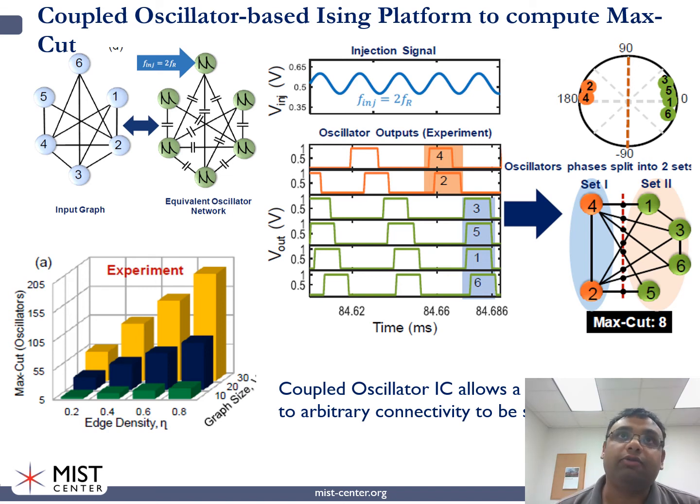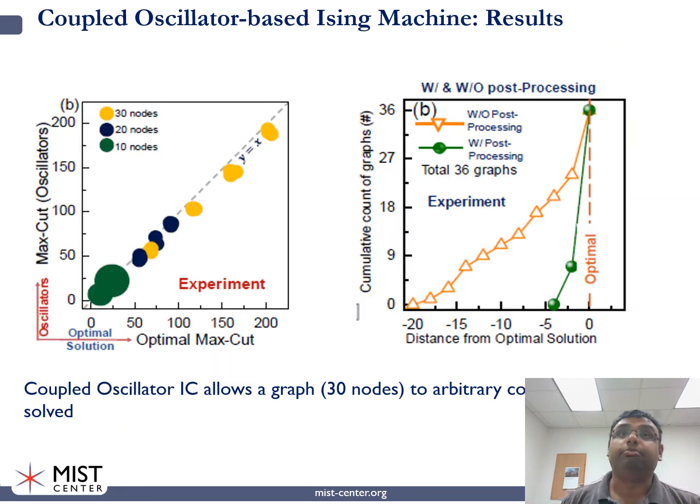Now, of course, we have done this for many other graphs, as you can see at the bottom left, with different sizes. So we went all the way from 10, 20, and 30 node graphs with different edge densities, and we observed that oscillators compute high quality near optimal solutions.